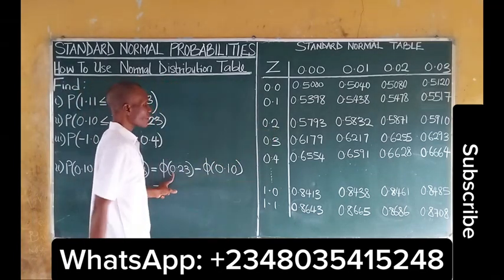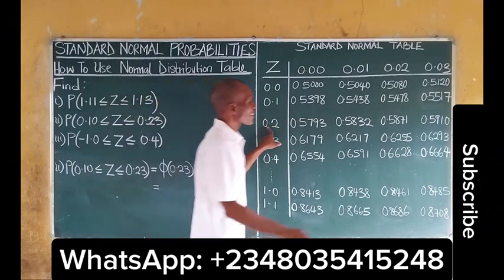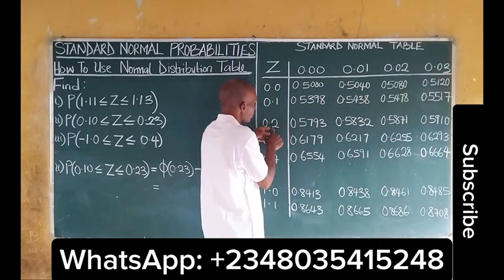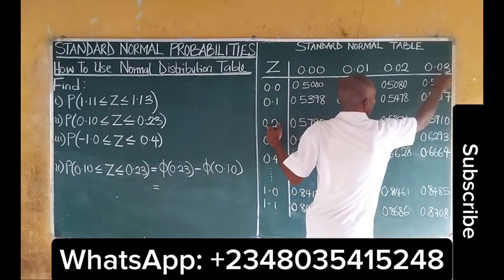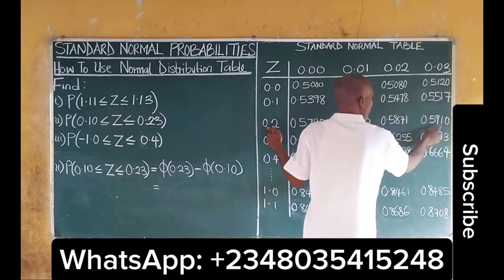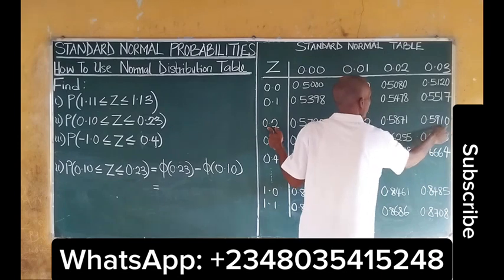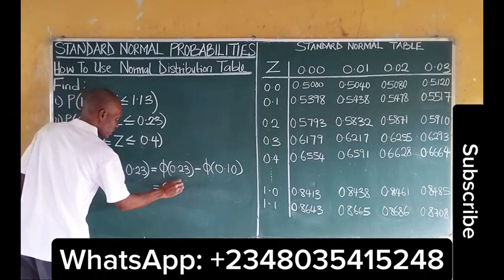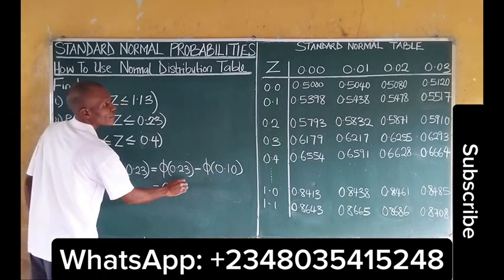And where do we find 0.03? The number that intersects the two of them. The number that intersects them is 0.5910.